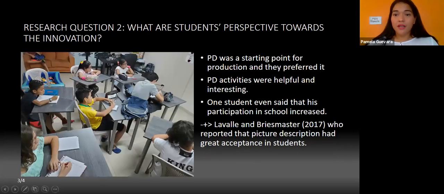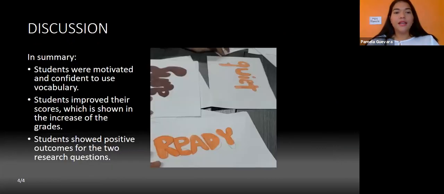The perspectives: picture description was a great chance for them to produce the language. They thought that it was very helpful and interesting. And it had a great acceptance too. So in summary, they felt motivated.